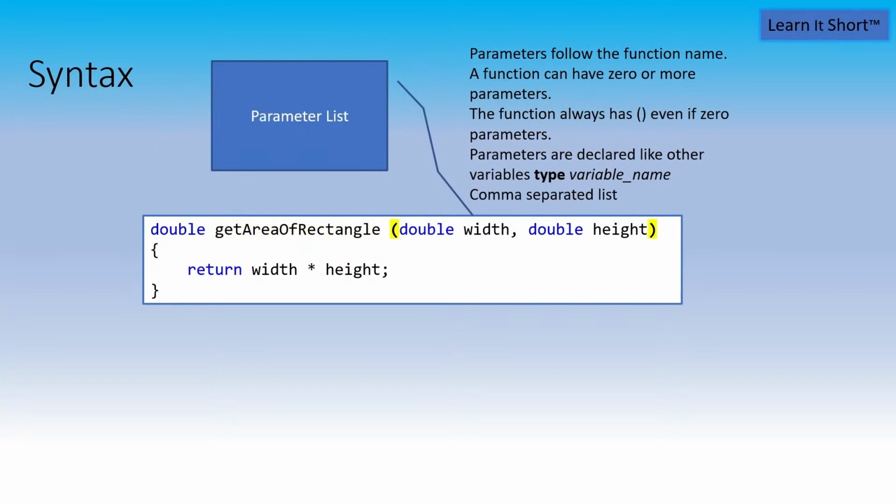Next in the function's definition is the parameter list. After the function name, always an open and a closed parenthesis, always a set of parentheses, even if there are 0 parameters for the function. The parameters are declared just like any other variable, type followed by the variable's name, and they are listed in a comma-separated list.